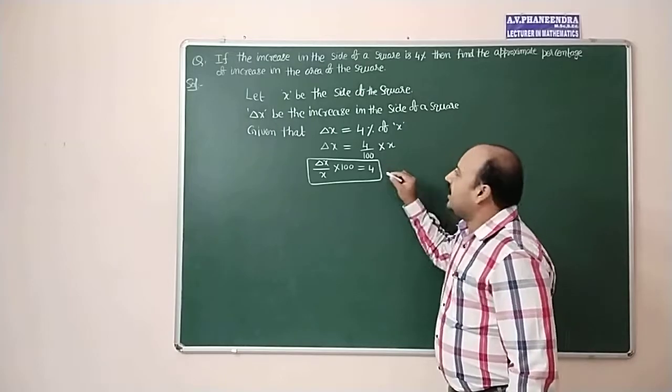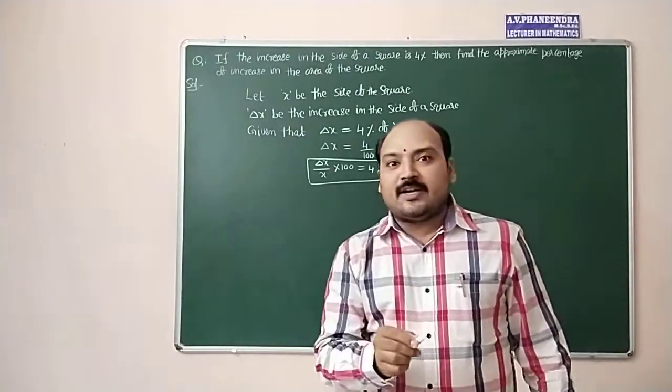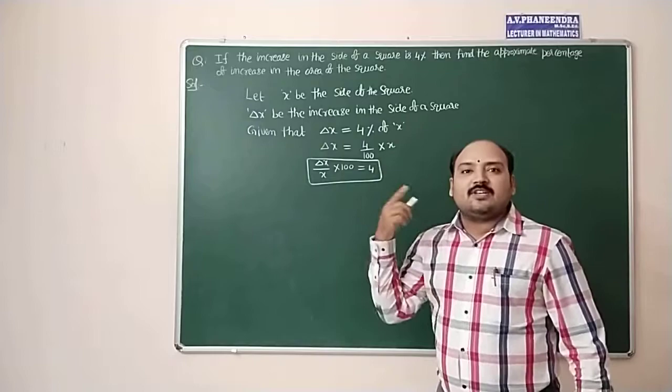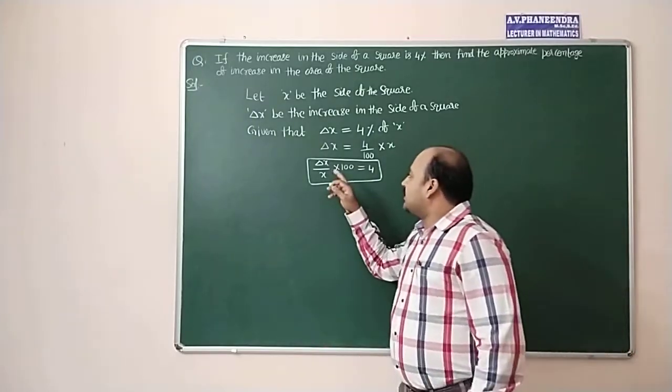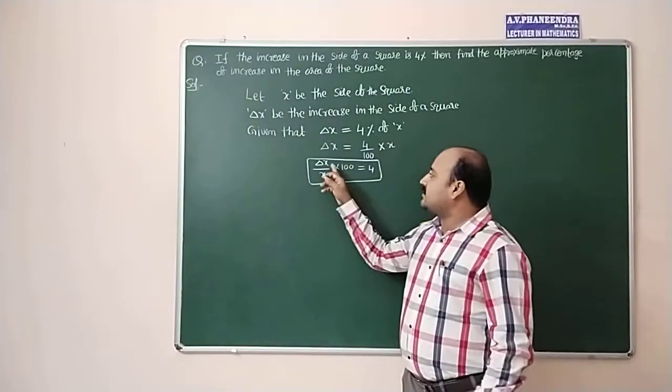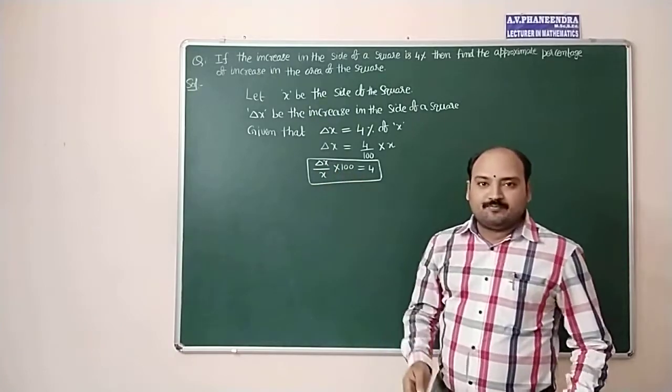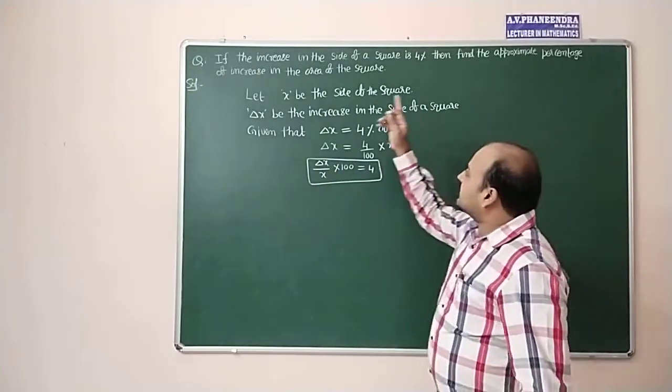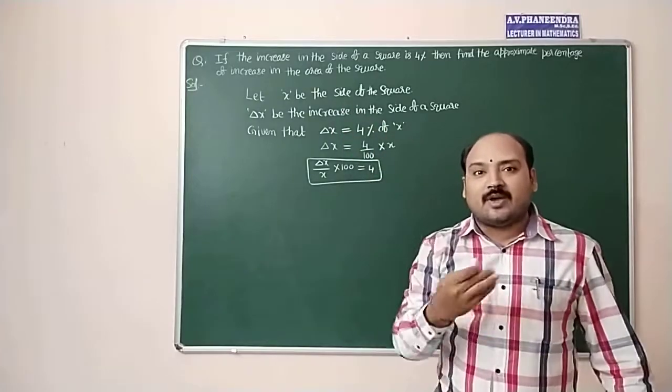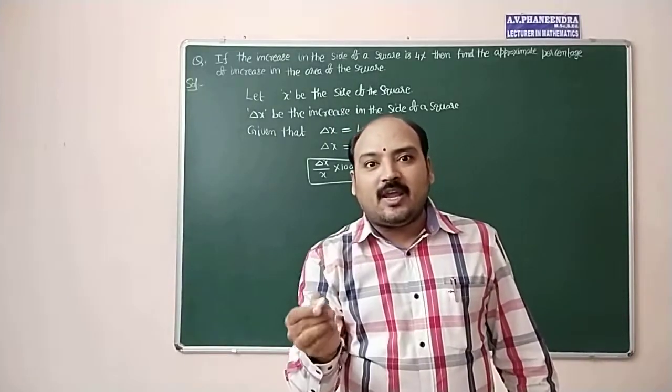They are asking to calculate the percentage increase in the area of the square. Here percentage error in the side of the square is delta x by x into 100, and the percentage increase in the area of the square is delta A by A into 100.